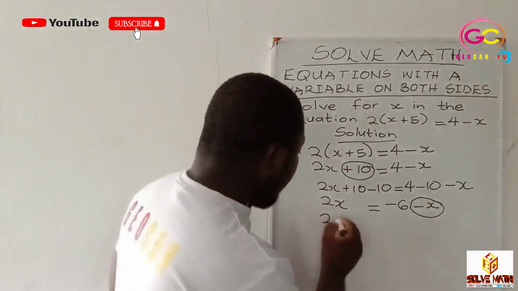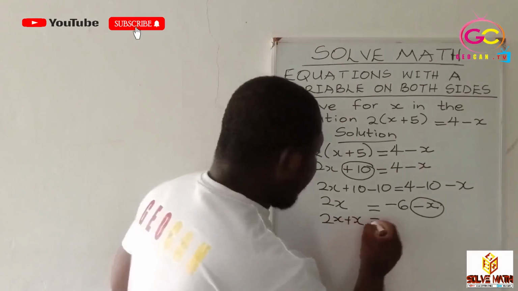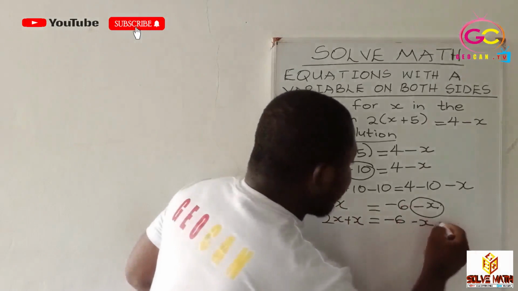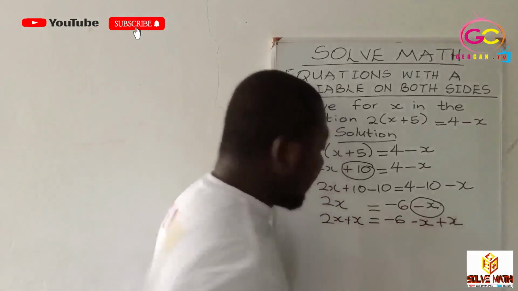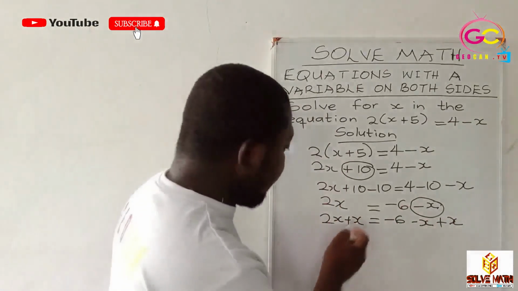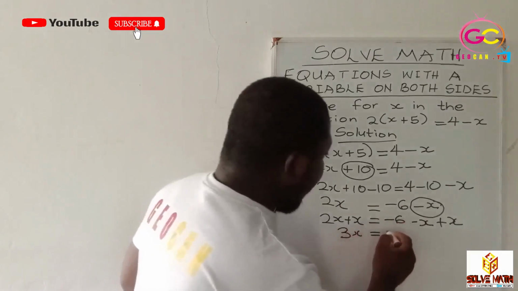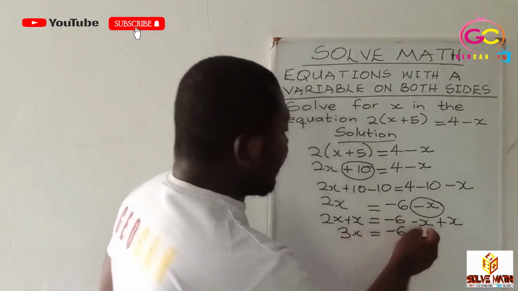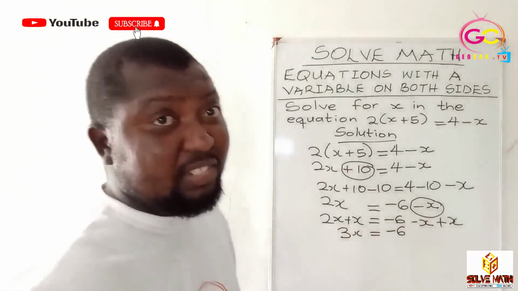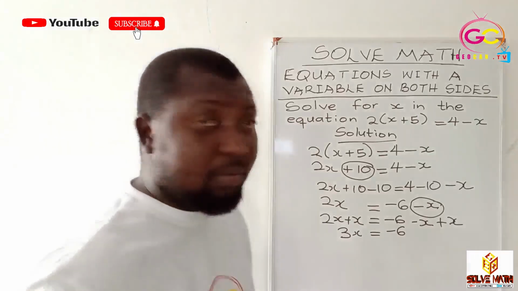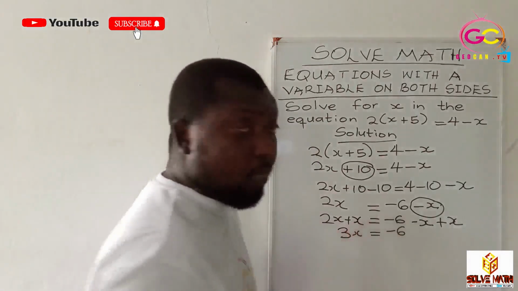So we have 2x plus x is equal to negative 6 minus x plus x. Now, 2x plus x will give us 3x. Then your equal to sign, you have your negative 6. Negative x plus x will give us 0. You are owing x, you go and pay the x, it is 0. This is simple integer. So we have 3x is equal to what?